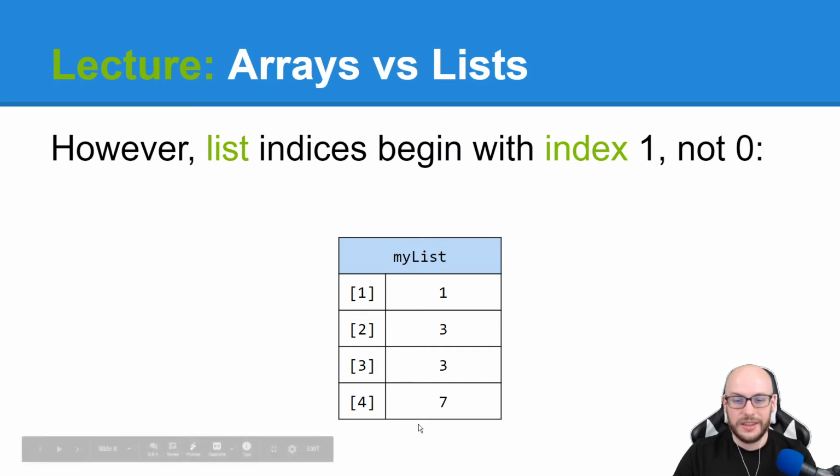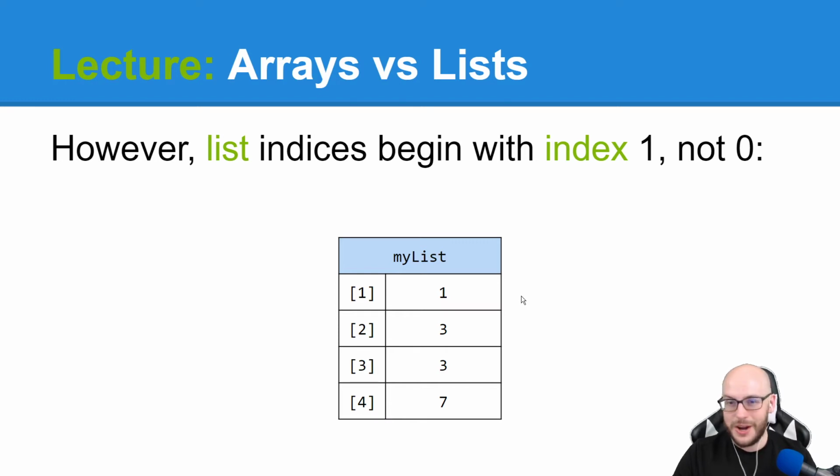The only language I can think of that starts at index 1 off the top of my head is Lua. I know there are more, but all of the popular ones that you have heard of, Java, C++, Python, JavaScript, C#, they all start at 0. So it bugs me that the College Board does this.